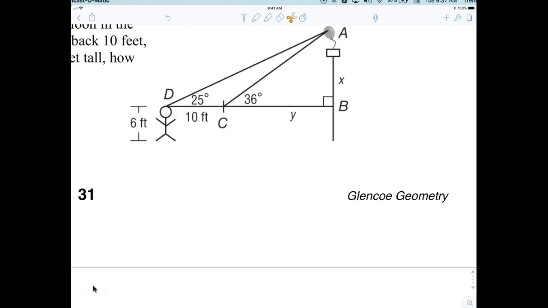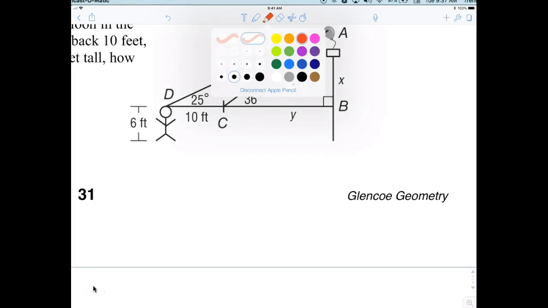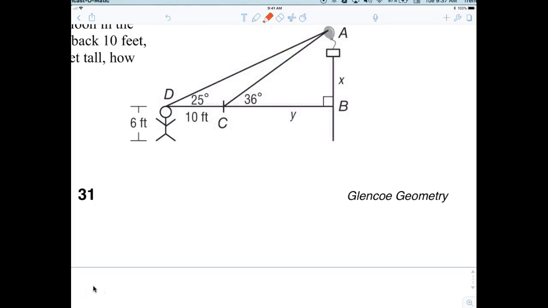What I want to demonstrate is this first. Did we see how this is a right triangle? Not a big deal. So what I want you to do is consider this right here.